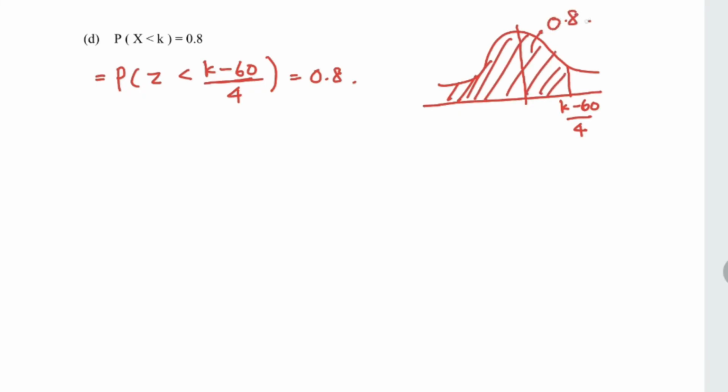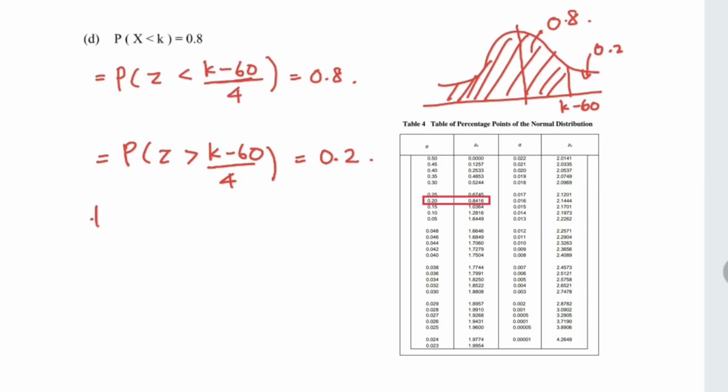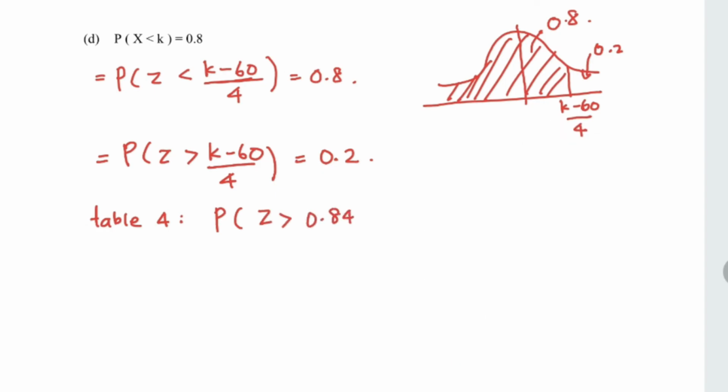When we shade this area, it equals 0.8. So now we cannot read the Z that is less than, so we can just read the Z that is greater than. The area greater than this number will give you 0.2. So we can directly write P(Z greater than (k minus 60) over 4) equals 0.2. From table 4, we find that P(Z greater than 0.8416) gives you 0.2.